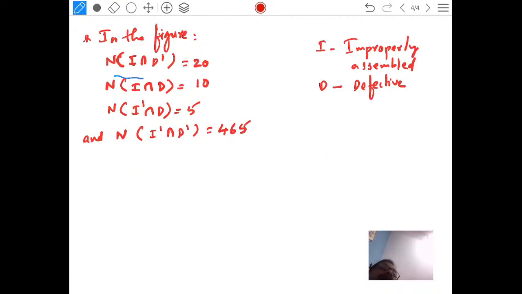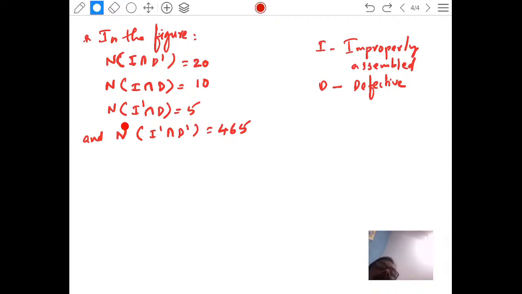n of I intersection D complement equal to 10 is a subset. Then n of I intersection D equal to 10 is another subset. Then n of I complement intersection D complement is equal to 465. So this actually shows the numbers.